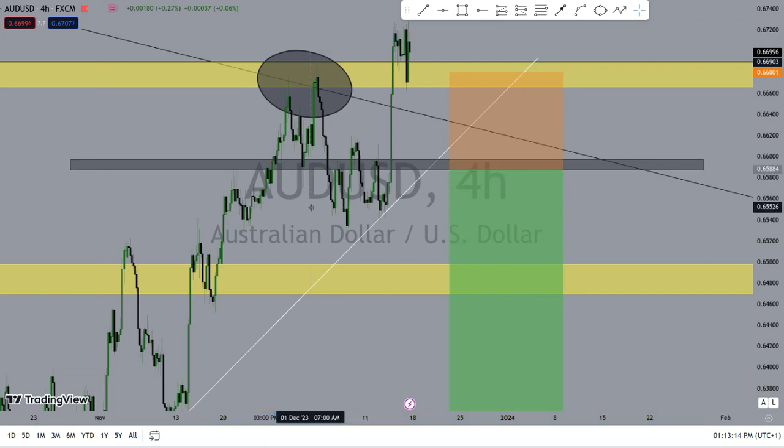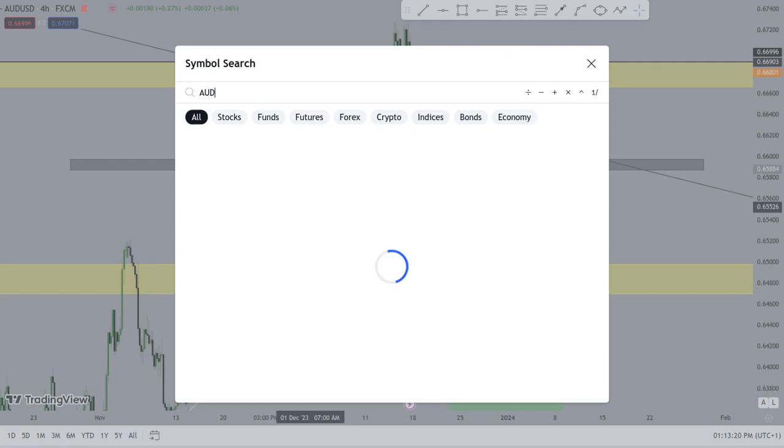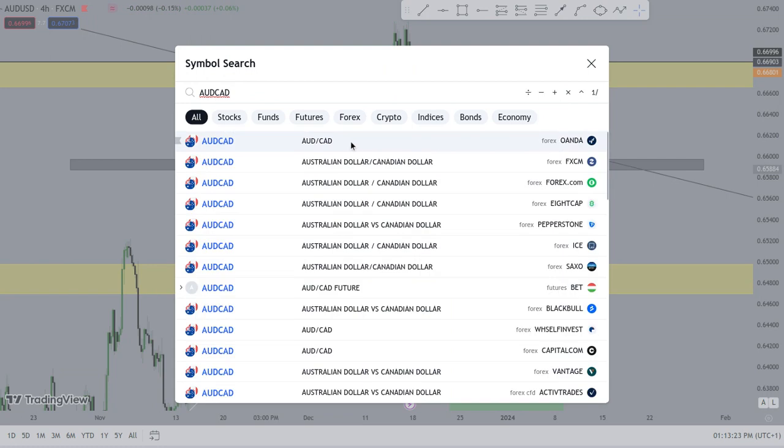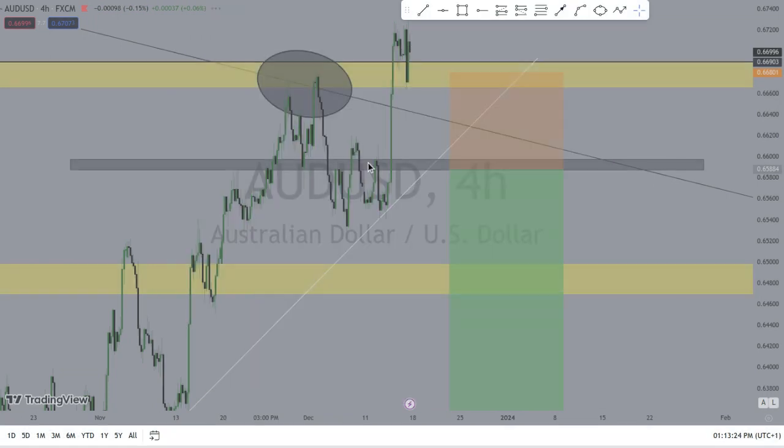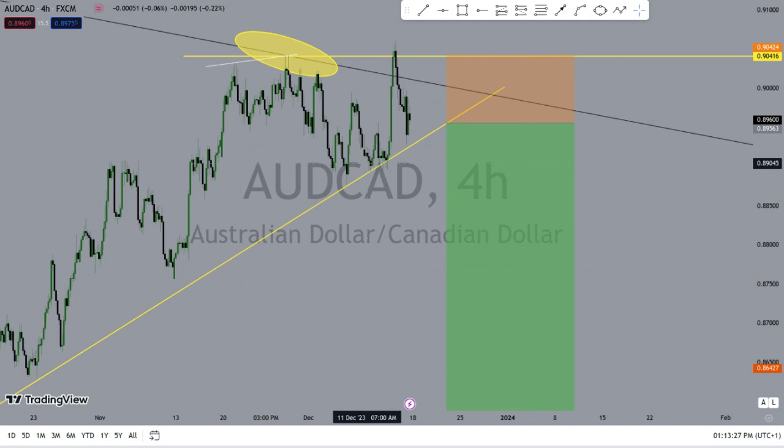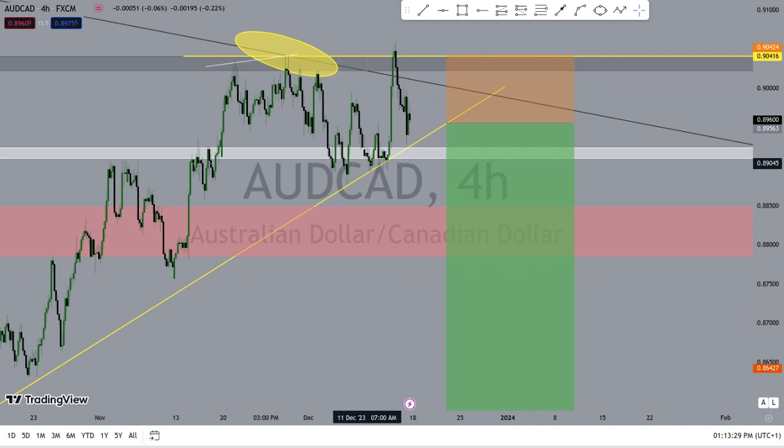So going down to today's analysis, we'll be analyzing AUD CAD, Australian dollar against the Canadian dollar.